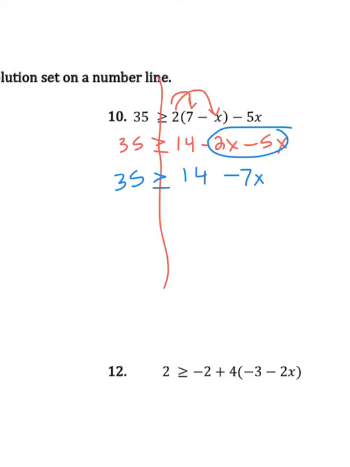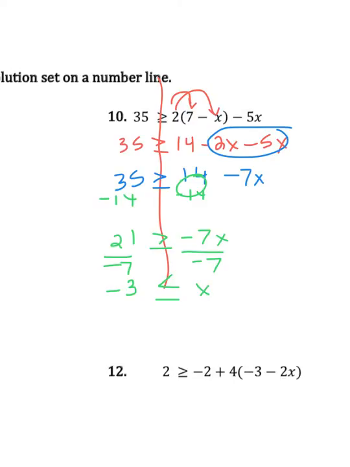Now I'm going to subtract 14 on both sides. 0, and 35 minus 14 is going to be 21. And, okay, divide by negative 7. Alert, alert, alert. Divide by negative 7, I have to switch the sign. This will be a negative 3, and this will be an x.